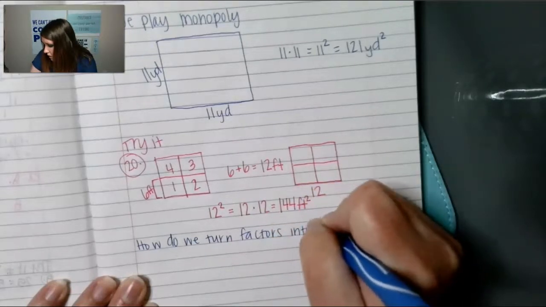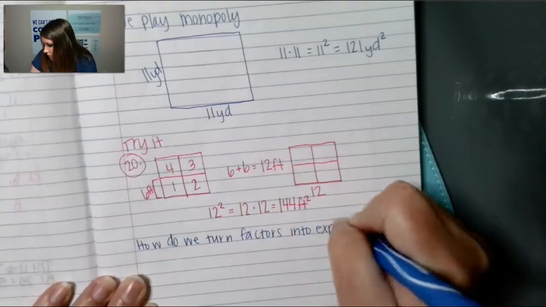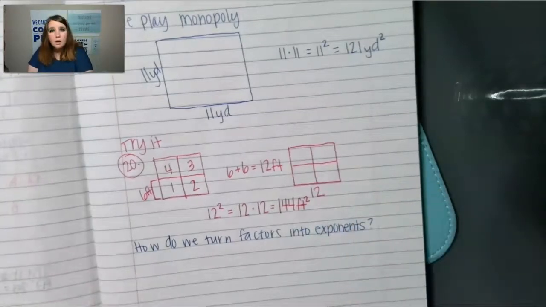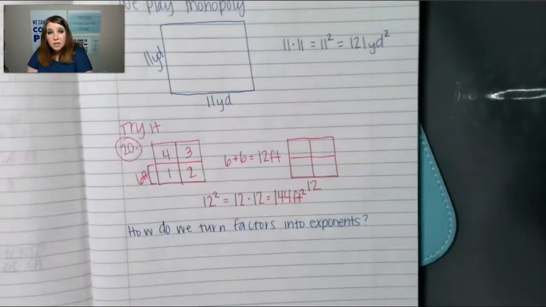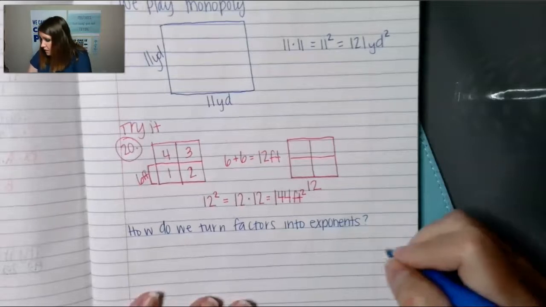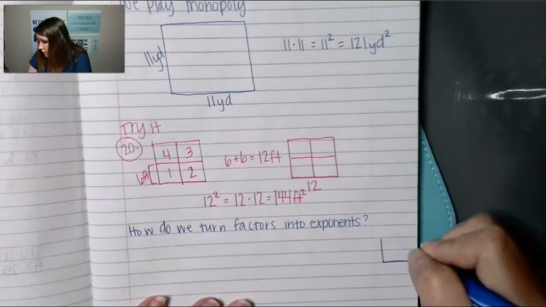Is there something special about those factors? Can I just use any old factors and throw them all together? Do they have to be special factors? You tell me.